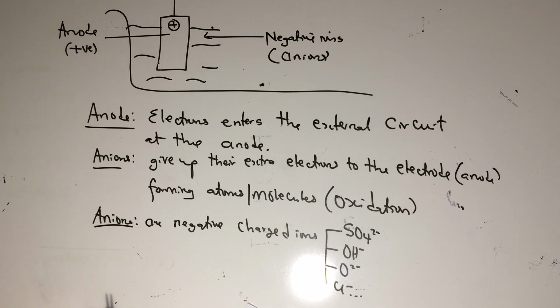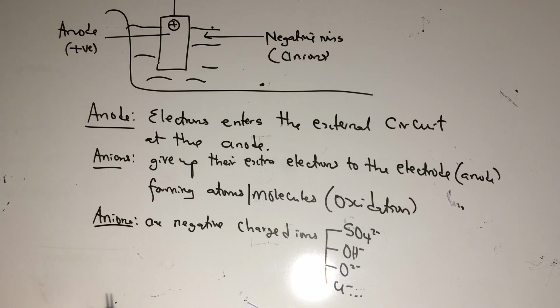So they give up their extra electron to the anode, invariably forming atoms or molecules. We call that process oxidation. Oxidation always takes place at the anode, while reduction takes place at the cathode.